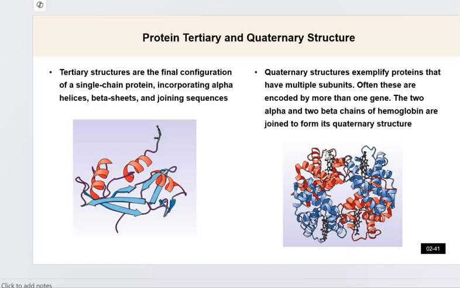And then there are the 2 types of globin subunits, hemoglobin alpha and beta, and that is the blue and the red. Because there are 4 subunits, each hemoglobin molecule can bind up to 4 oxygen molecules. So the oxygen carrying capacity of hemoglobin is a quaternary structure of proteins with multiple subunits.